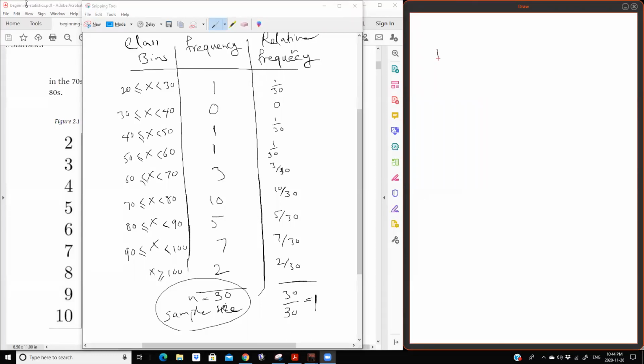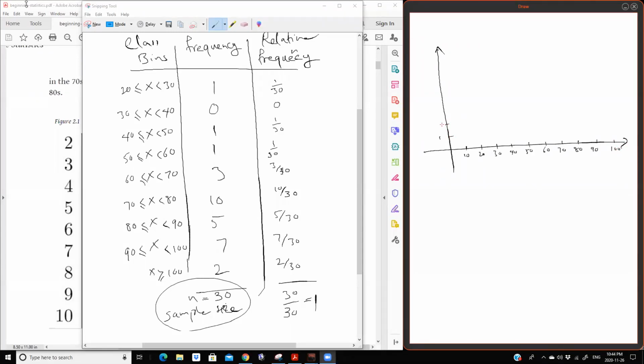So a histogram is like a bar chart. Imagine here you have from 0 to 10, 10 to 20, 30, 40, 50, 60, 70, 80, 90, and 100.